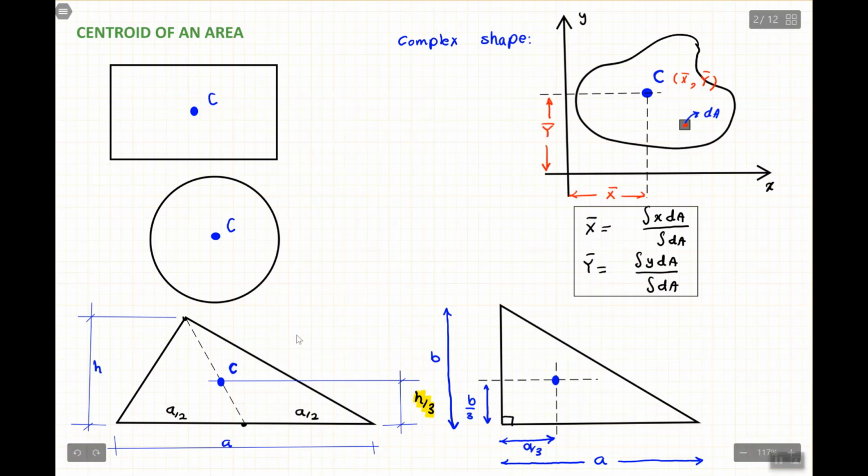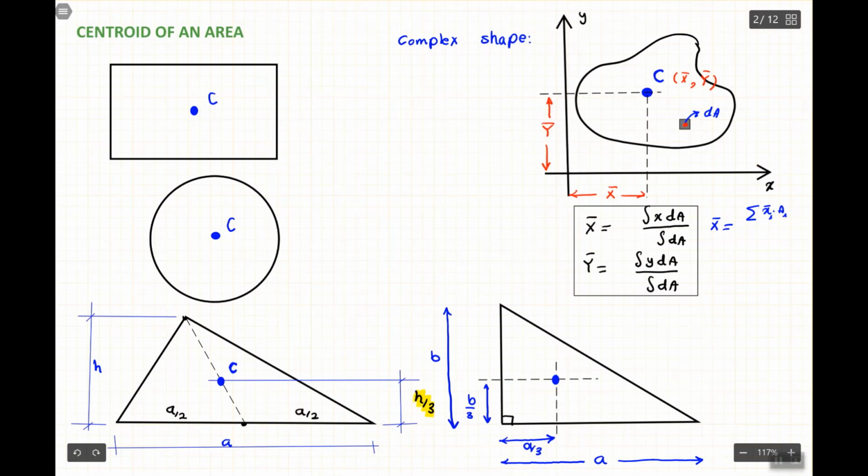In that sense, we don't need to use this formula, and instead we use a simple version of it, and we say that x bar is equal to the sum of x bar i A i divided by the sum of the A i, and y bar is equal to the sum of y bar i A i divided by the sum of the A i.